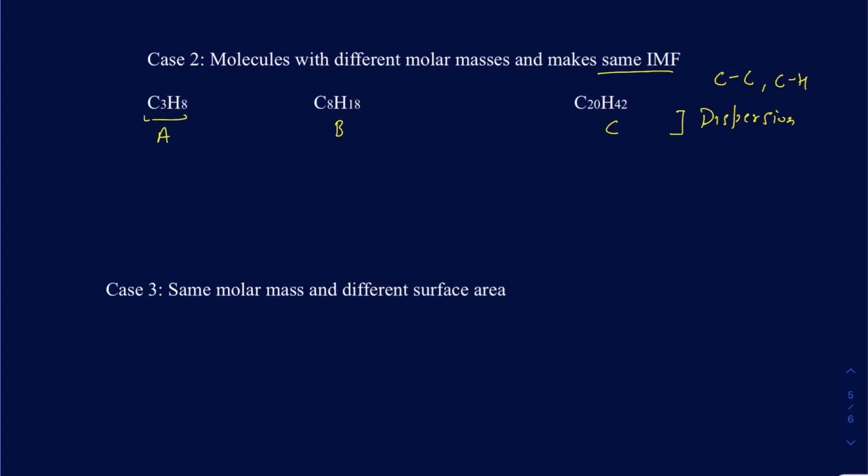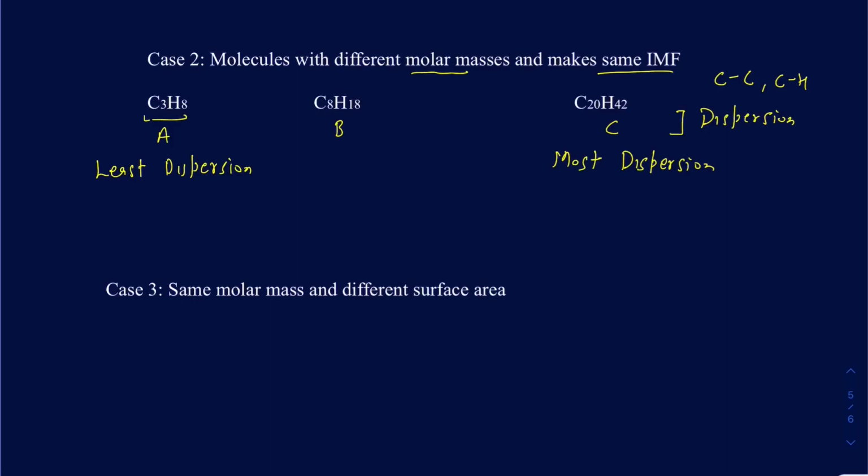And since they are making only dispersion forces, this C, since it's the biggest molecule and also going to be the highest molar mass, is going to be making the most dispersion forces. And since C3H8 is the smallest here, it is going to be making the least dispersion forces. So the more you have, the better you are at keeping molecules together.